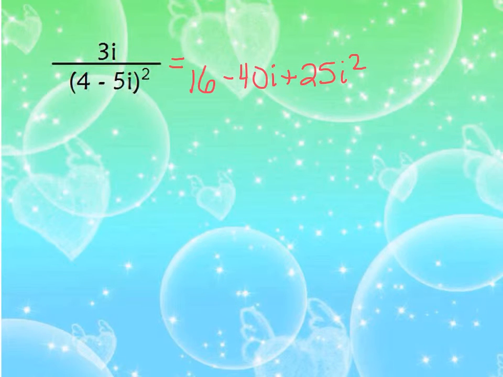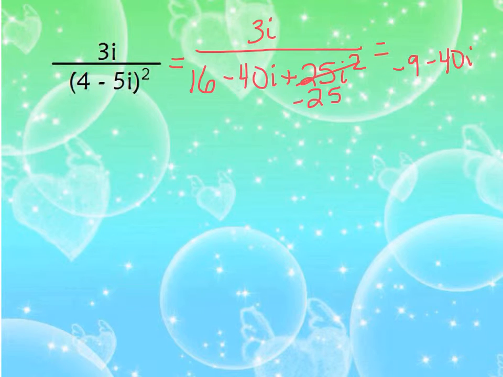All right, and then on the top, I still have 3i. I haven't really done anything other than get rid of those parentheses. On the bottom, this 25i squared is really a negative 25. So I have a 16 minus the 25, which would get me a negative 9 minus 40i, and on top I have a 3i.